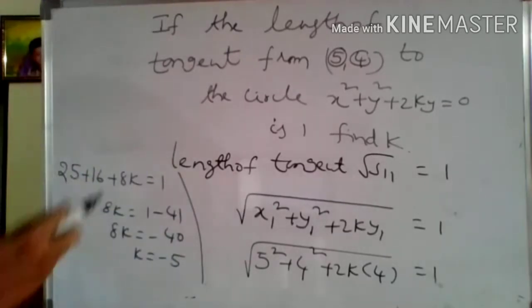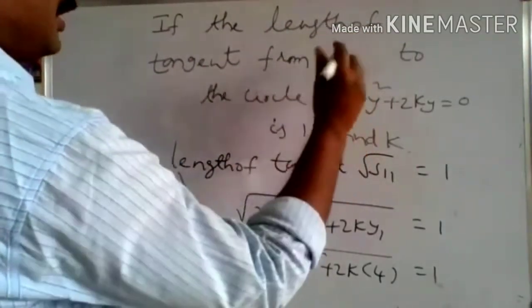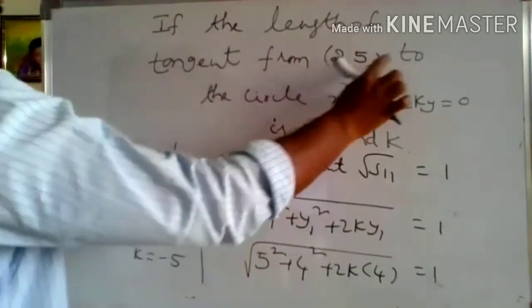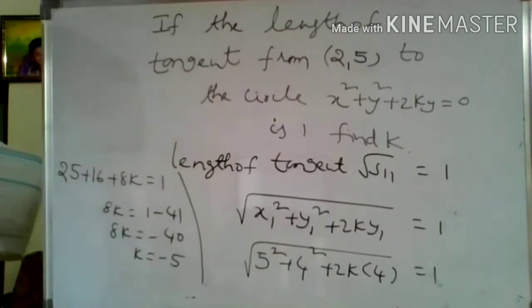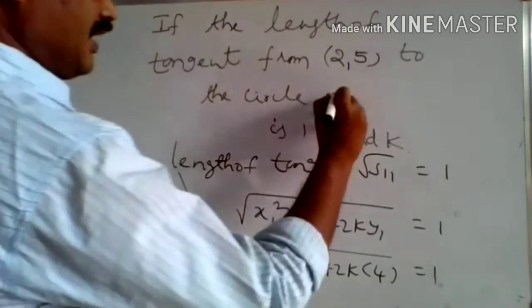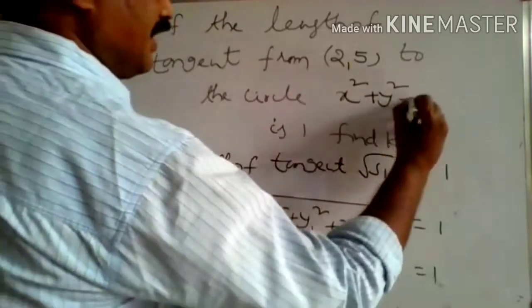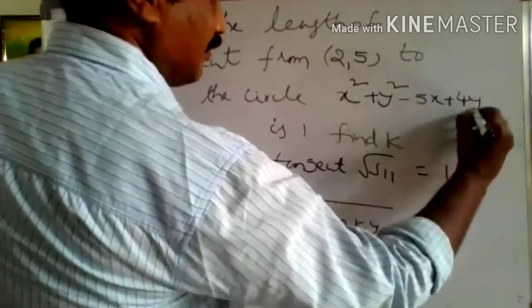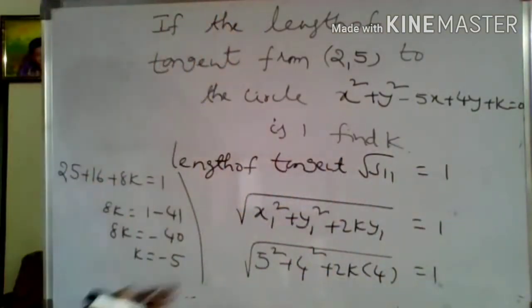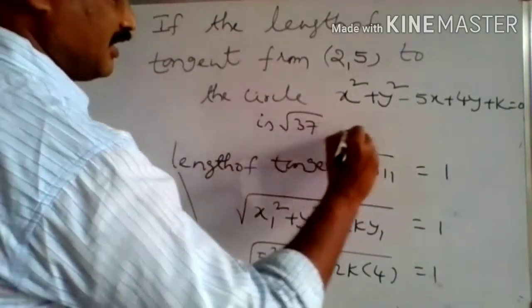Next question. If the length of tangent from the point (2, 5) to the circle x² + y² − 5x + 4y + k = 0 is √37, then find k.